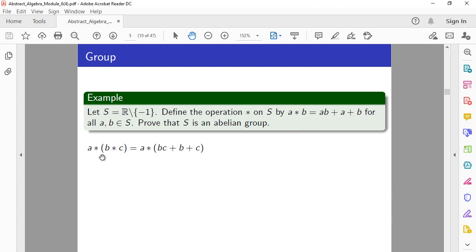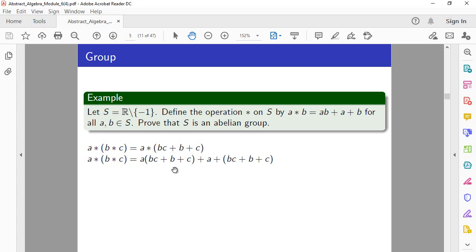So what I'm doing is I'm writing B star C first. What is B star C? B star C would be BC plus B plus C according to this definition. So you multiply the two elements and then you add the two elements. Now what is A star (BC plus B plus C)? Well, you multiply A times the quantity in parentheses, and then add A plus this quantity.